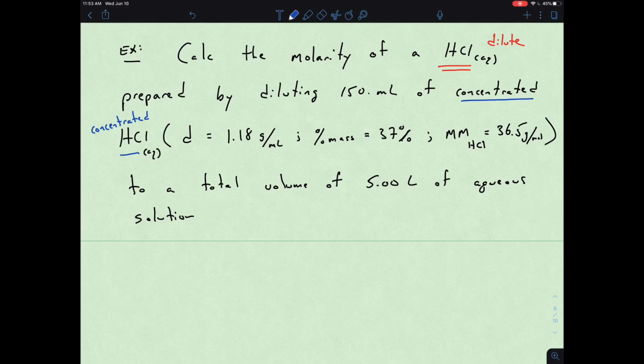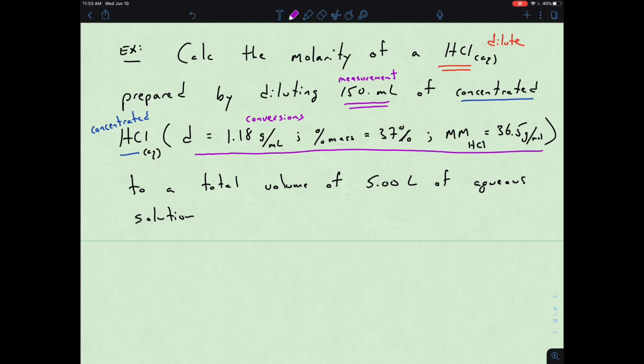And if we look at all the values within the question, here is something to start with, right? We have here a measurement. It's always good to start with a measurement. And then all of these values below, our density, our mass percent, and our HCl molar mass, these are all conversions because we have a numerator and a denominator.